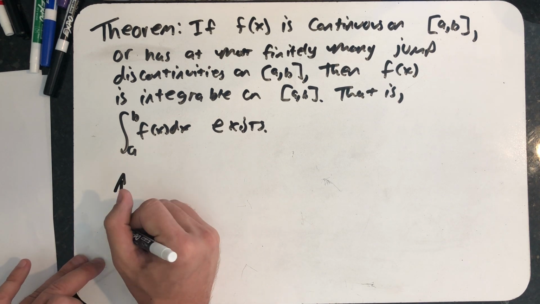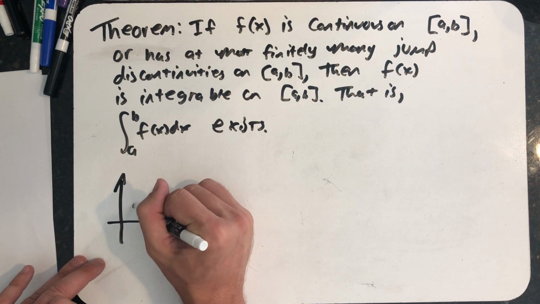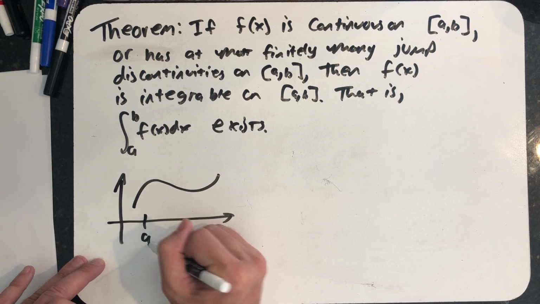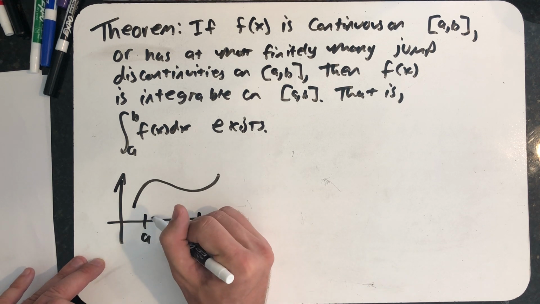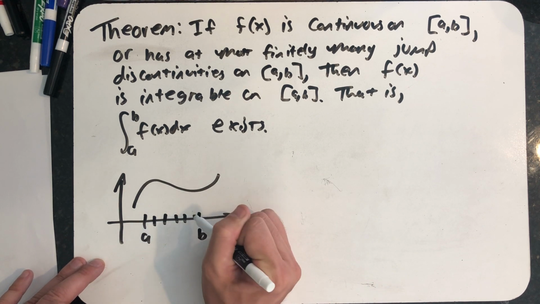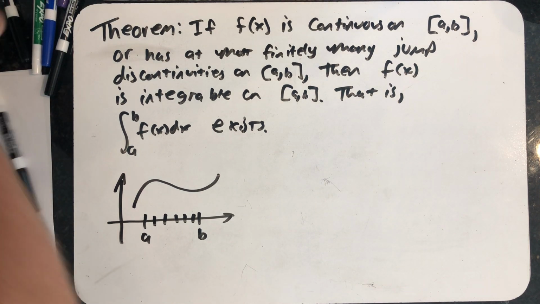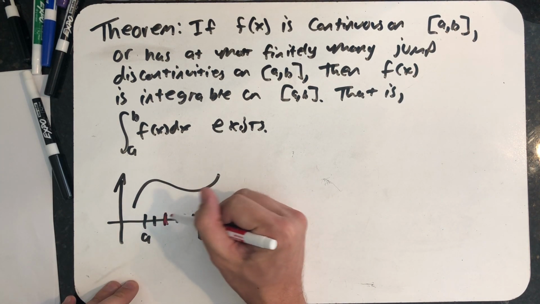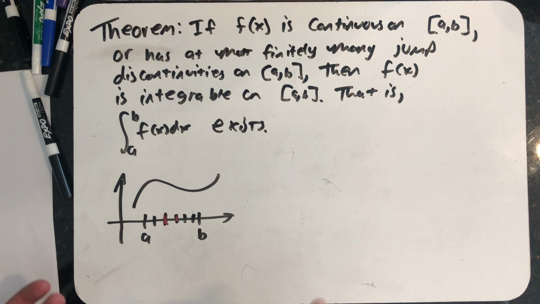One of the ideas in the proof of this particular theorem is that if I have a continuous function and I divide up my x-axis, no matter how I divide it up, each subinterval is a finite closed interval.